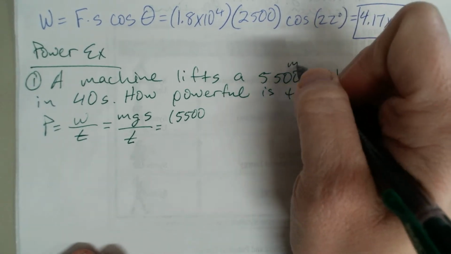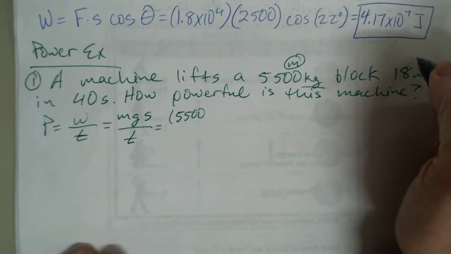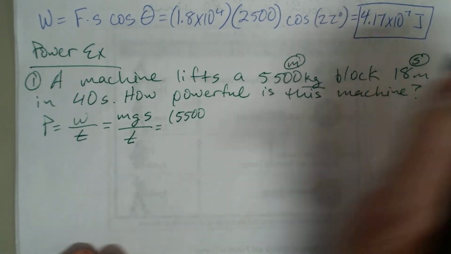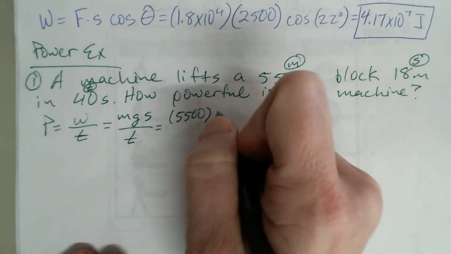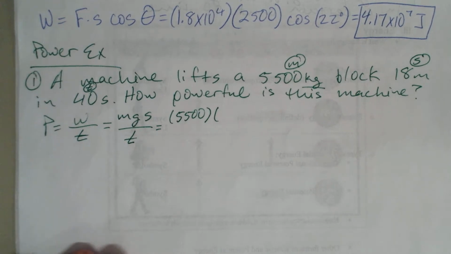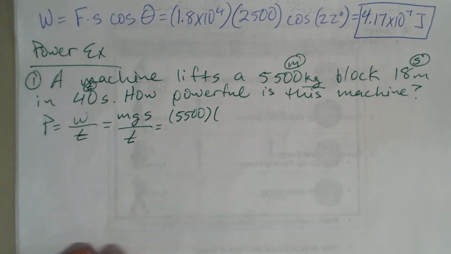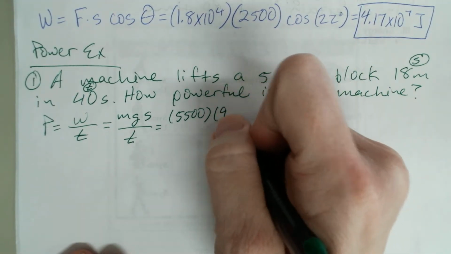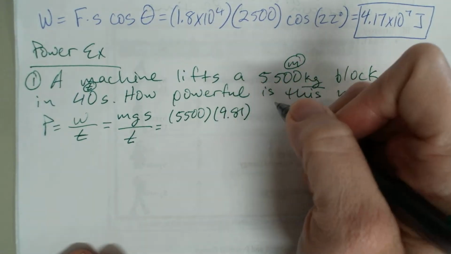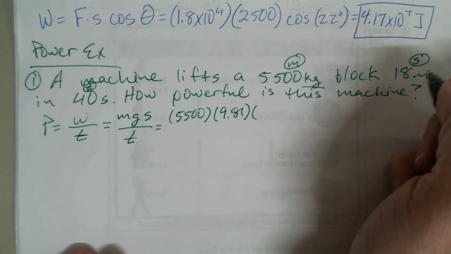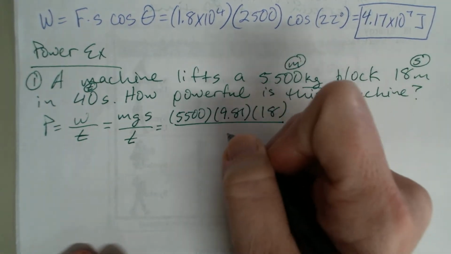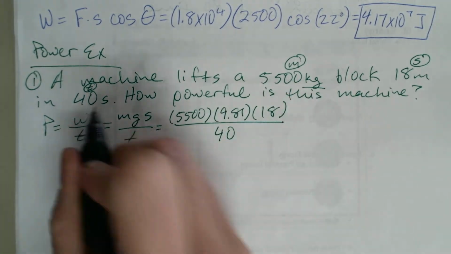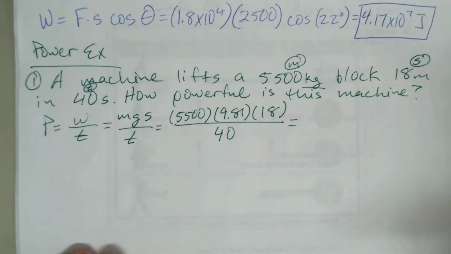So this is your m, this is your displacement, and 40 seconds is your time. And you know what g is, but I wouldn't say it's negative, because if you're lifting it, it's going up, so it's the opposite direction. So I would just use the magnitude of gravity, 9.81, without the sign. And then s is 18 over time, which is 40 seconds, the SI base unit for time.